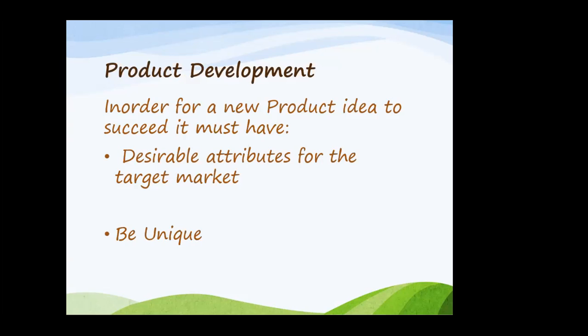So in order for your product to succeed, it must have desirable attributes for your target market and it must be unique. You should try to develop a product that is differentiated from the other products on the market. Try to develop something that is not out there, so when you actually get out there, you have less competition.